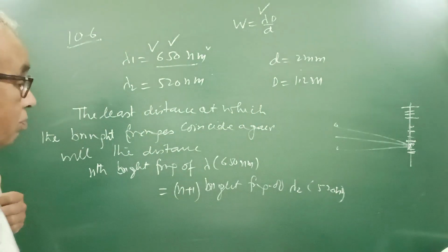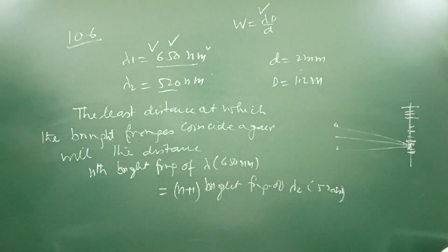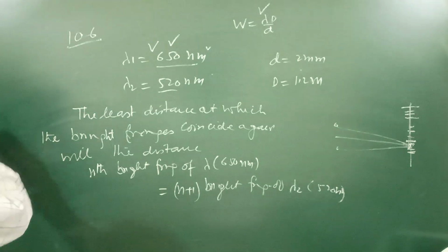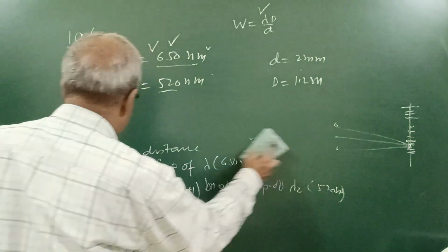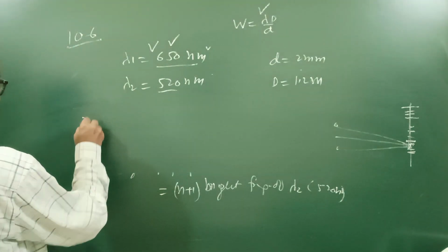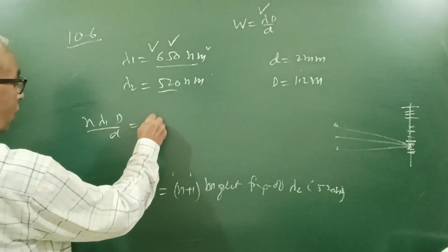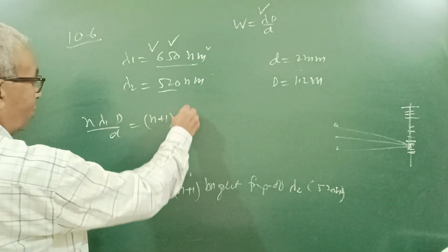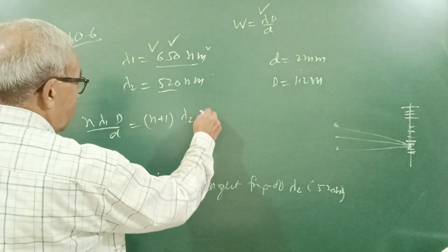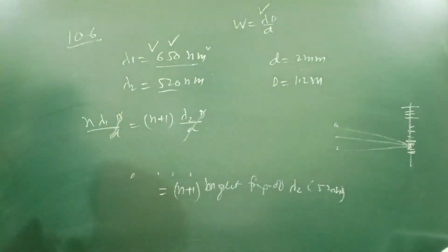Why? Because by this 520 smaller wavelength, their width is small, so their number become one more at least distance. Therefore, I can write here n into lambda 1 D upon d is equal to n plus 1 into lambda 2 D upon d. कैंसिल हो जाएंगे.